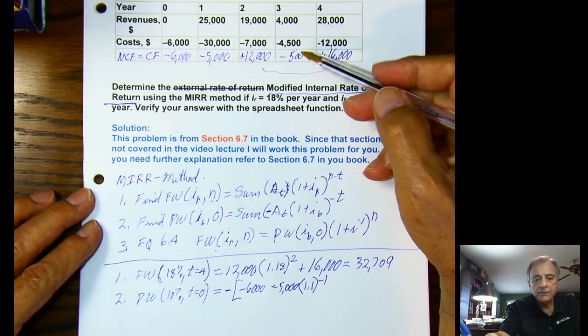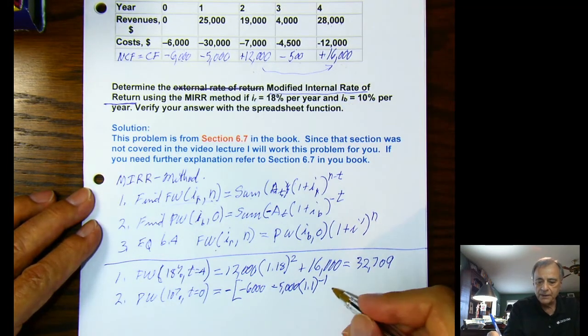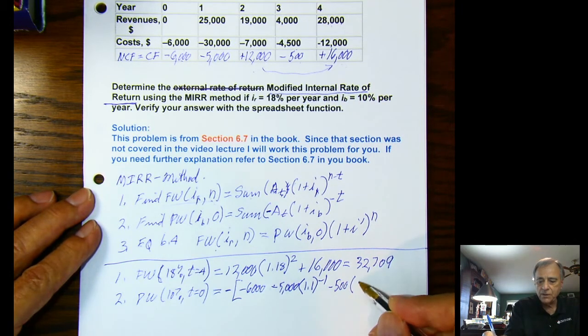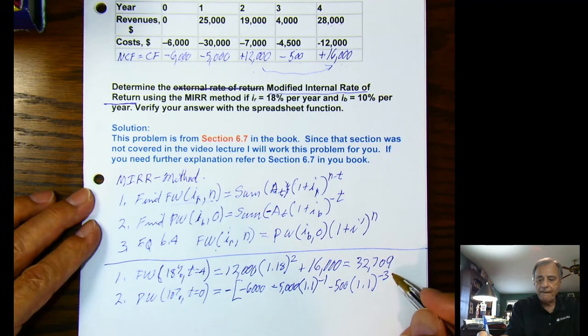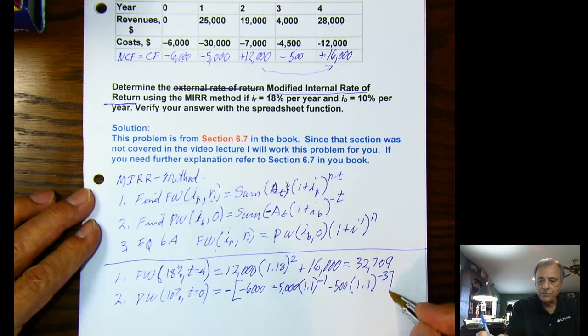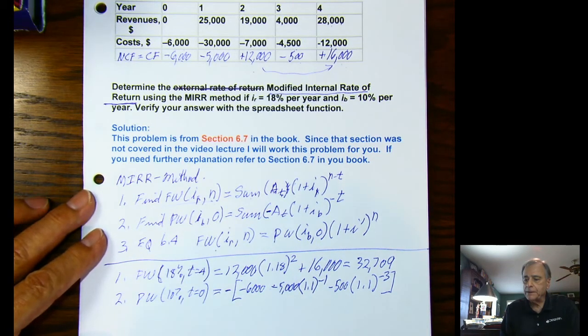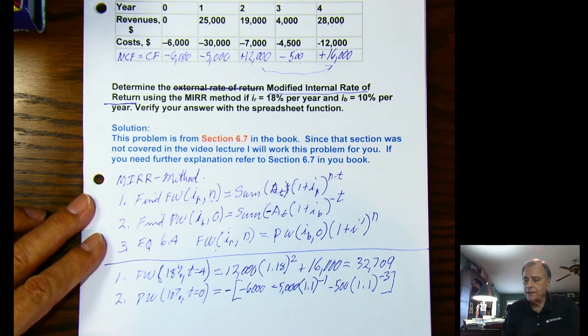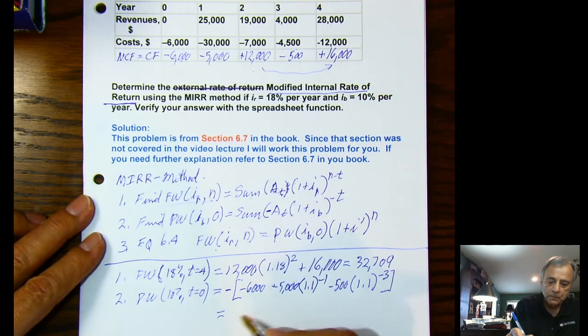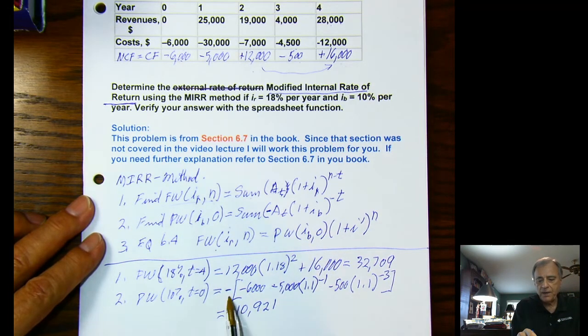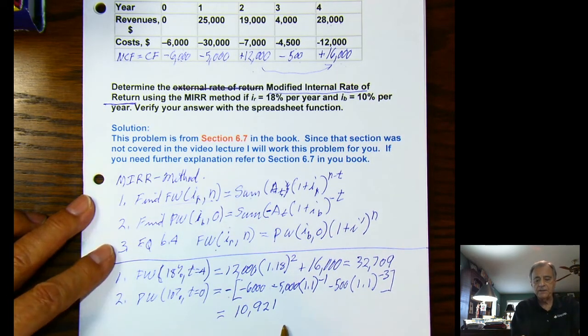Then I have minus 500. That's at time 3. I want to bring it back 3 years, 1.1 to the minus 3. And if you do that calculation, you're going to get $10,921. And remember, I changed the sign by putting a negative there.